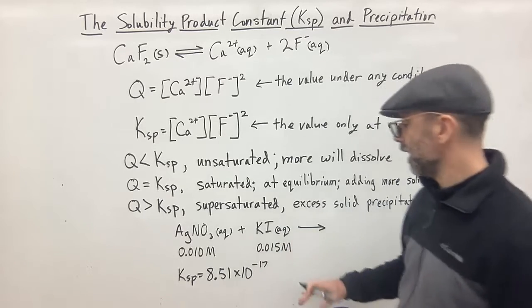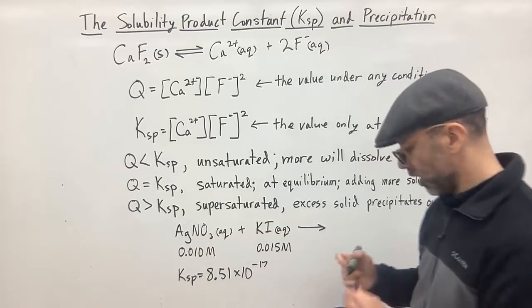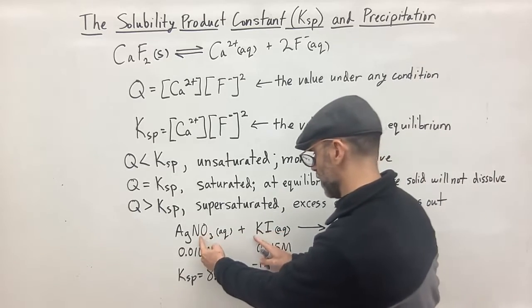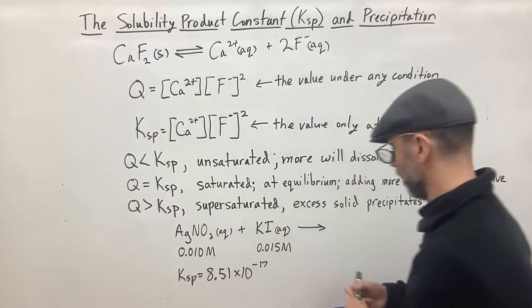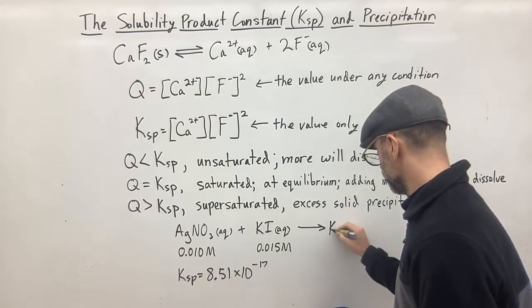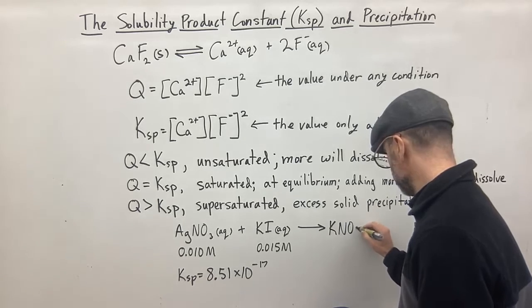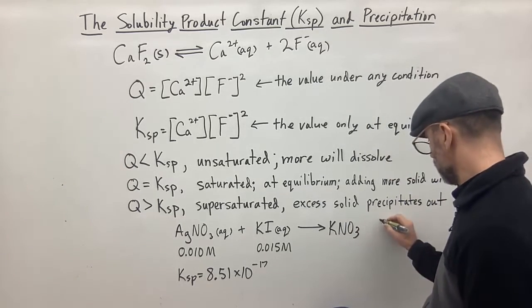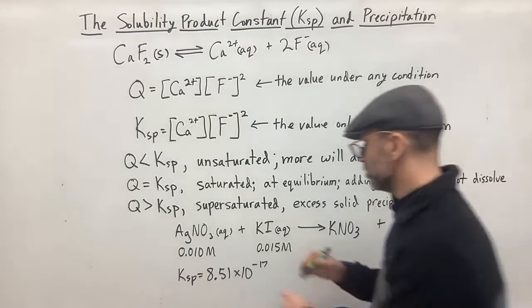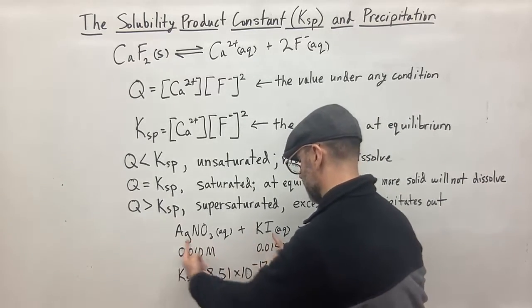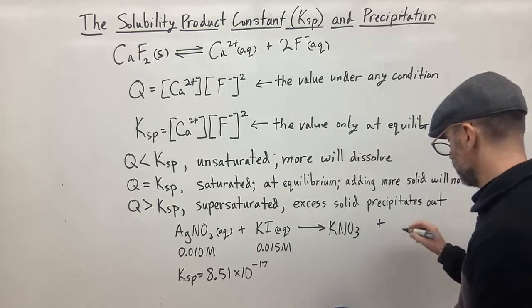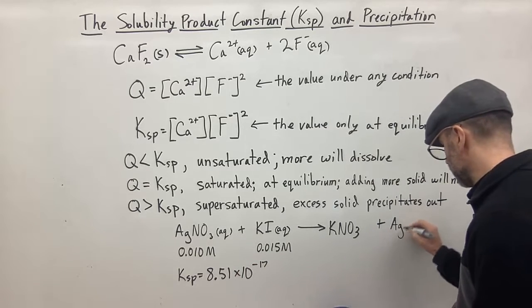So first, I need to write down what my products are. So remember the two inner ions go together, so the potassium and the nitrate, and I write KNO3 plus, and then the two outer ions together, silver and iodide, so I get AgI.